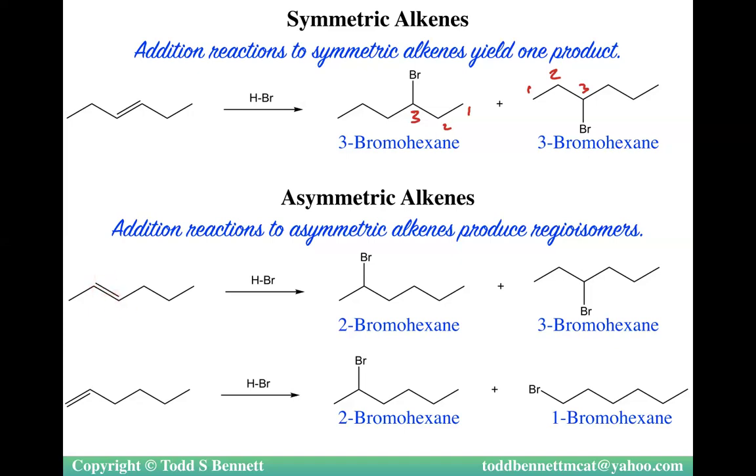So the overall alkene's disubstituted, but one has a methyl or an R group on the double bond and the other has a propyl on the double bond. So they're equal in that sense. So again, the H could go on the first or left carbon, this one, or it could go on the right one, which would mean the bromine will end up on either carbon 2 or carbon 3. So these are regioisomers.